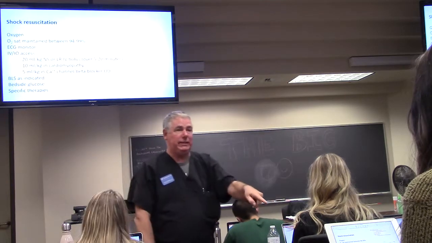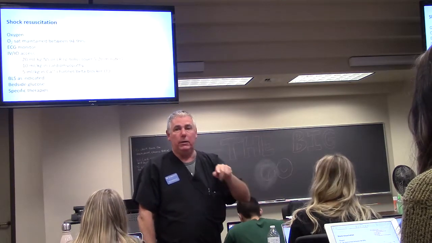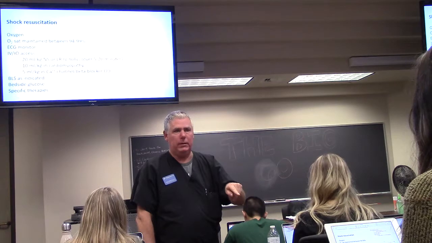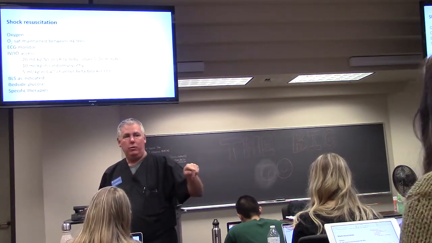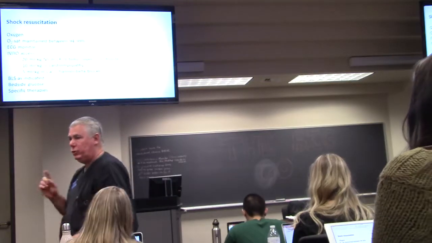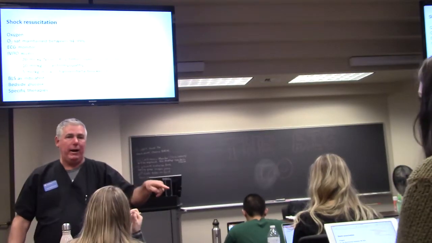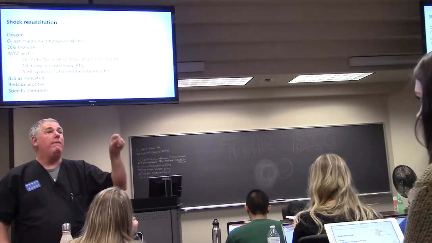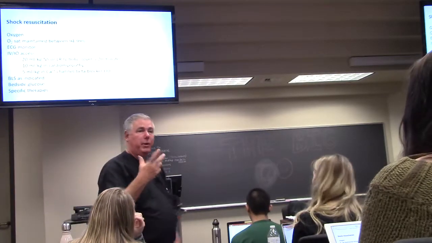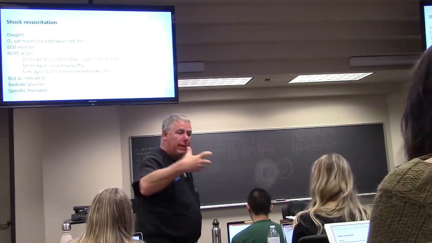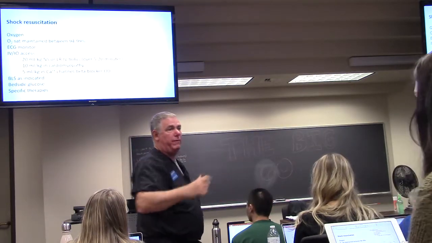And her pressure is 68. She's 12 kilograms. How much fluid am I going to give her? 12 times 20 is 240. How fast am I going to give it? Fast, because she's got a low systolic pressure. I'm going to put it in a 60 cc syringe, and I'm going to sit there and squirt it in her vein.